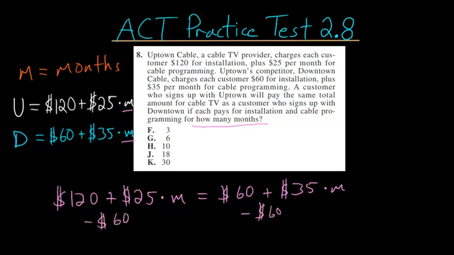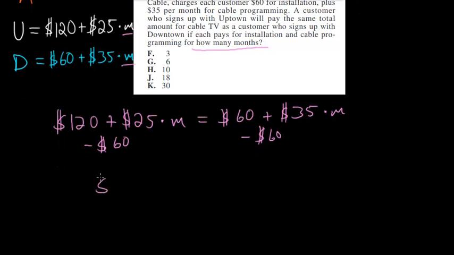And what we're left with is $60, since we have 120 minus 60, plus 25 times M. And on the right side, this $60 is canceled out here, and we're left with just 35 times M.